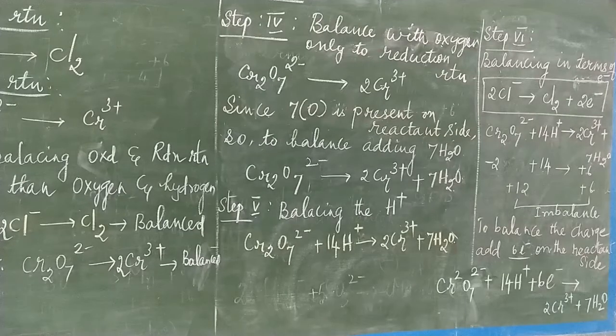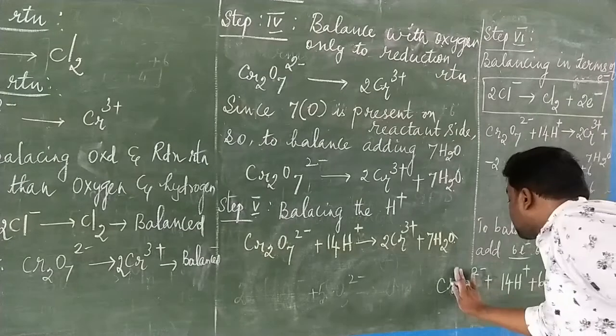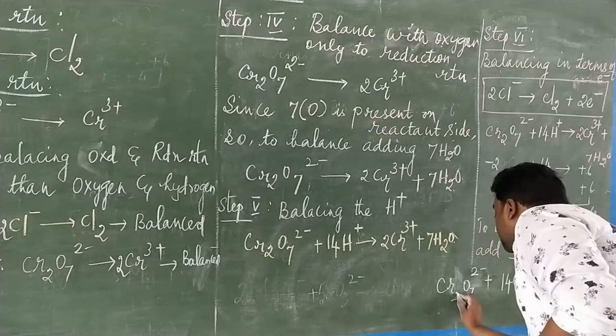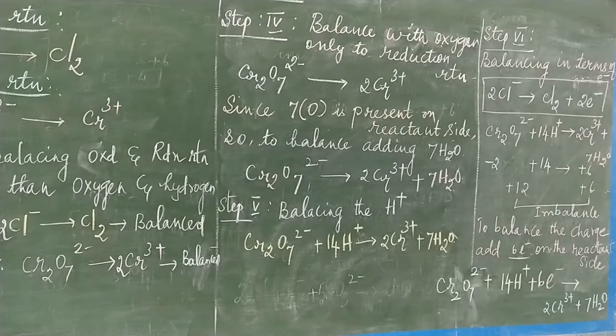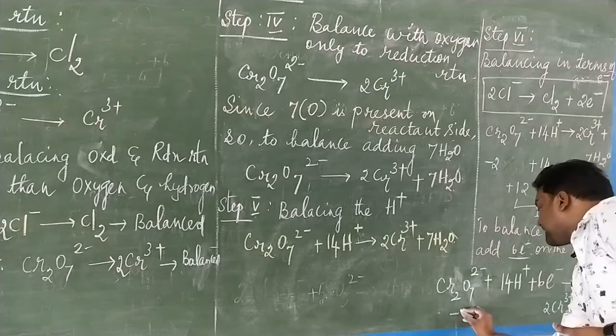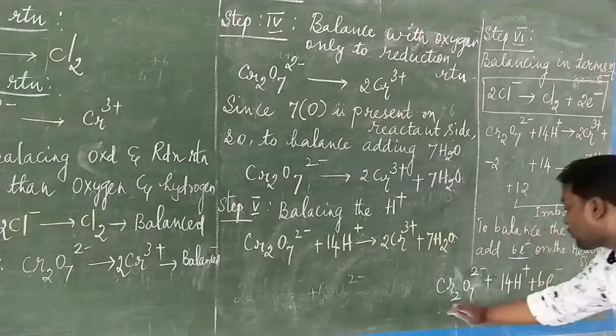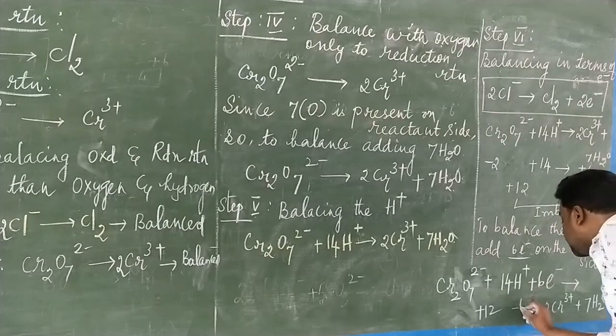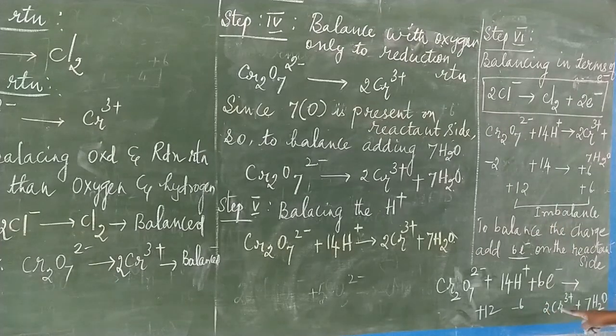Now substitute the charges. Cr2O7 is -2, the 14H+ gives +14, total +12 here, and -6 from the electrons. So +12 minus 6 becomes +6. On the product side it is +6. Now both are balanced.